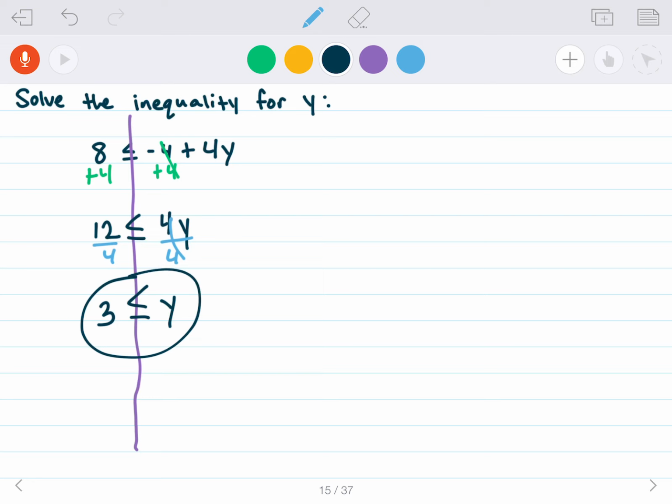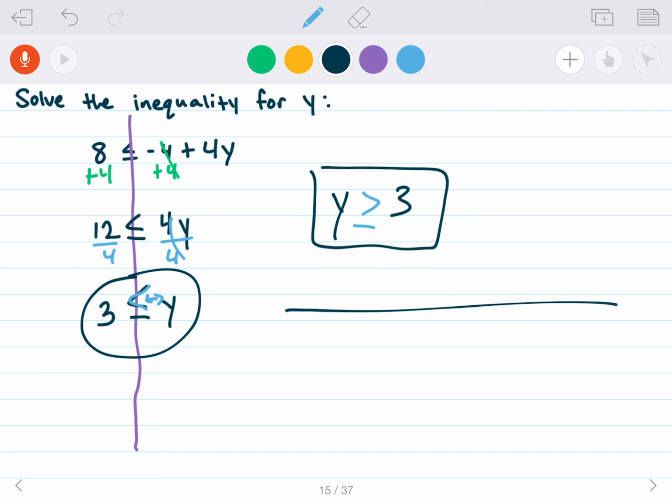Now, you can read from left to right, you can read from right to left. And typically when we write our answer, we put the variable first. We want to make sure that the open mouth is facing the variable, right? So that these two things match up when we flip the order. So this is read, y is greater than or equal to 3.